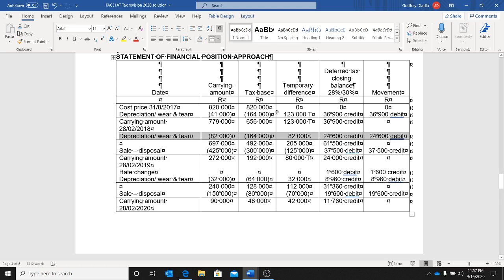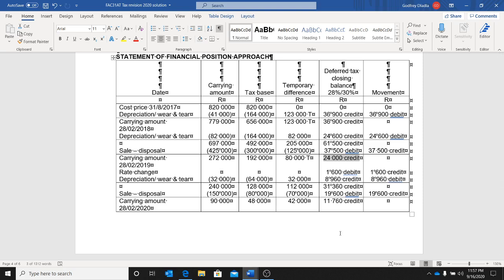So that is the movement that I'm showing you now. Every time you want to calculate the rate change, you must always find out what the balance is at the beginning of that year. So you see the balance of Vertex is 24,000.